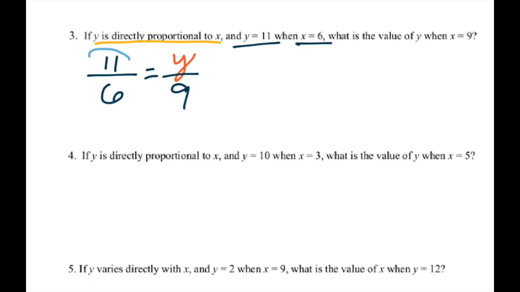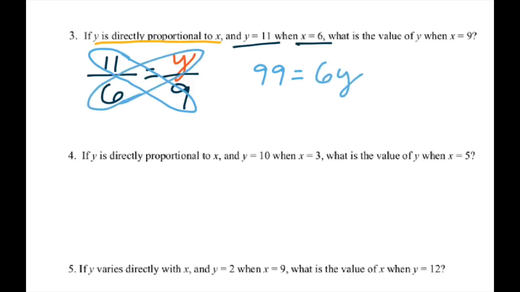So what that means is we go across and we multiply. 11 times 9 is the number 99. Equals the other side. 6 times y is the number 6y. We're just solving for a letter, just like we've been doing for the last 3 weeks. So we divide by 6, we divide by 6.